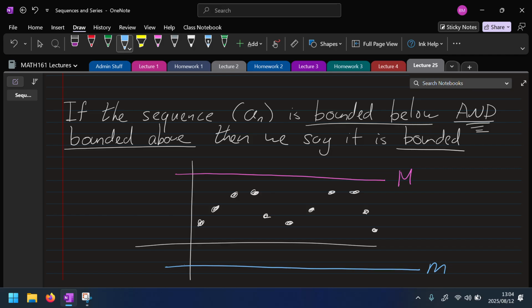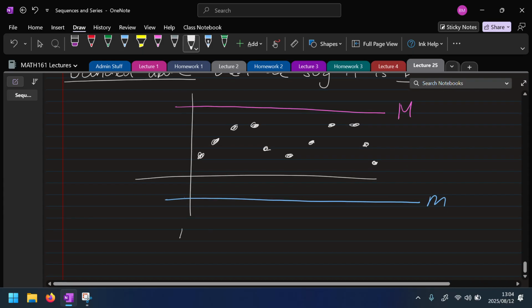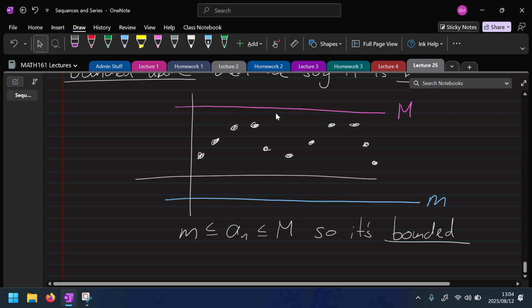And we see that for all values of n, it doesn't go past those two limits. So it doesn't go above the pink line. It doesn't go below the blue line. So it's bounded. So bounded just means it's between two limits there. It doesn't go above the upper one, and does not go below the lower one.